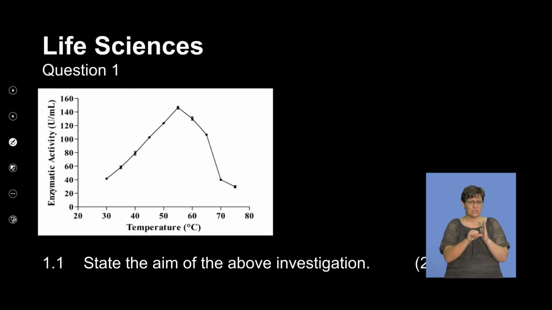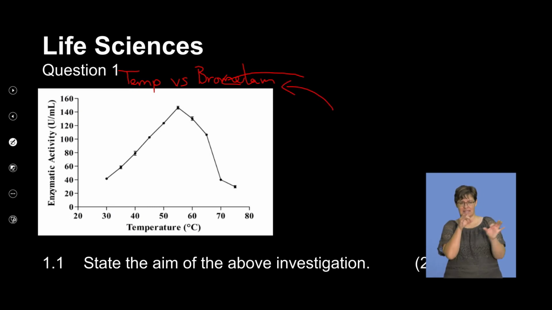Guys, it's important that you see if there's a heading, and often the heading would be, in this case, the effect of temperature on the activity of the bromelain enzyme. So we're looking at bromelain as the enzyme. Look at the x-axis and determine what is being described: it's temperature in degrees Celsius.